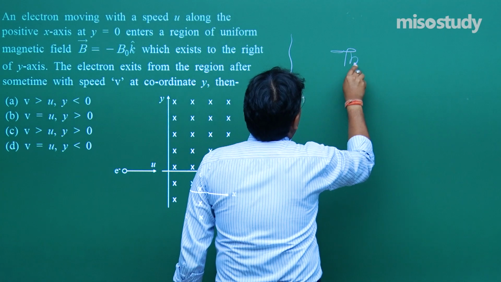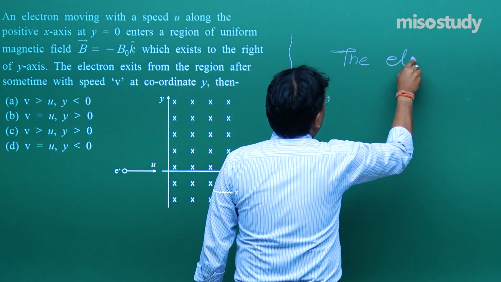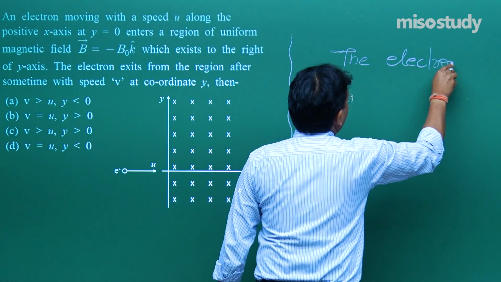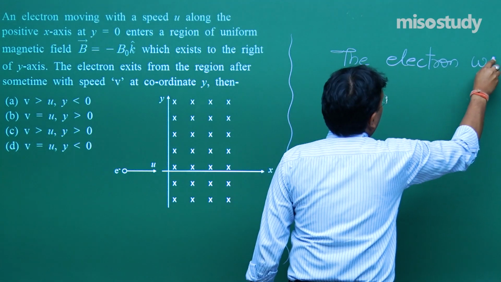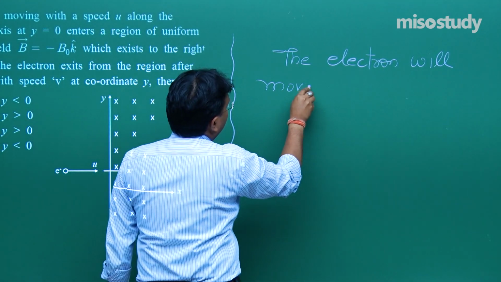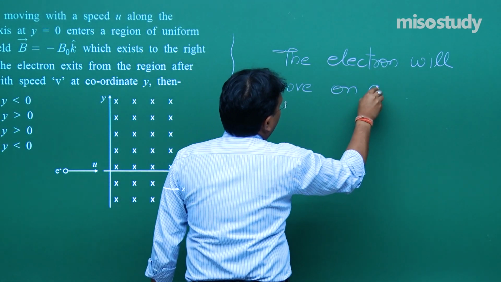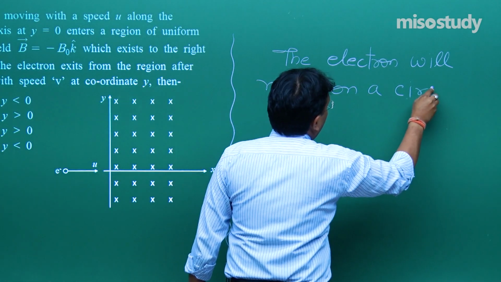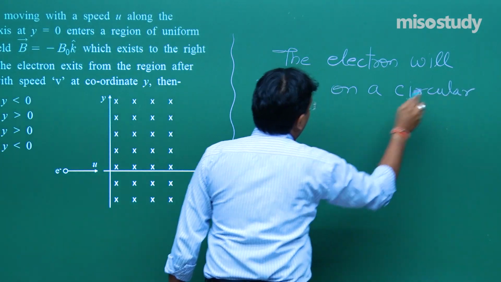the electron will move on a circular path.